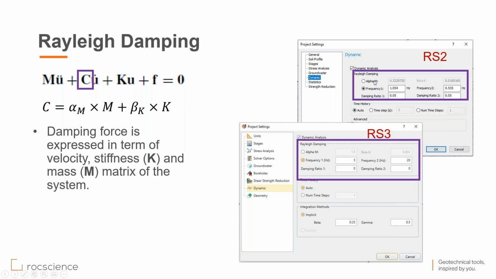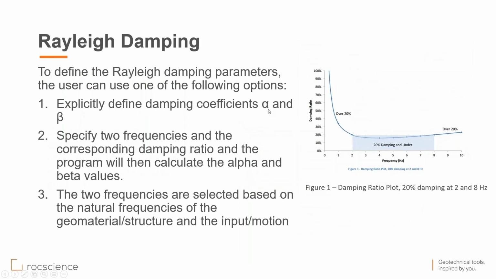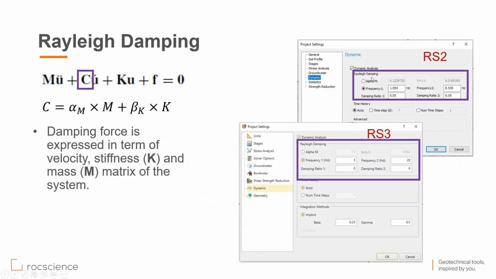And here is the Rayleigh damping option that you can access in the project settings. To define the Rayleigh damping parameters, we have two options. The first option is to define the damping coefficients alpha and beta. Let's go back to the previous slide. Here, you can see alpha M and beta K. You can input them, or you can just input two frequencies and the damping ratio.